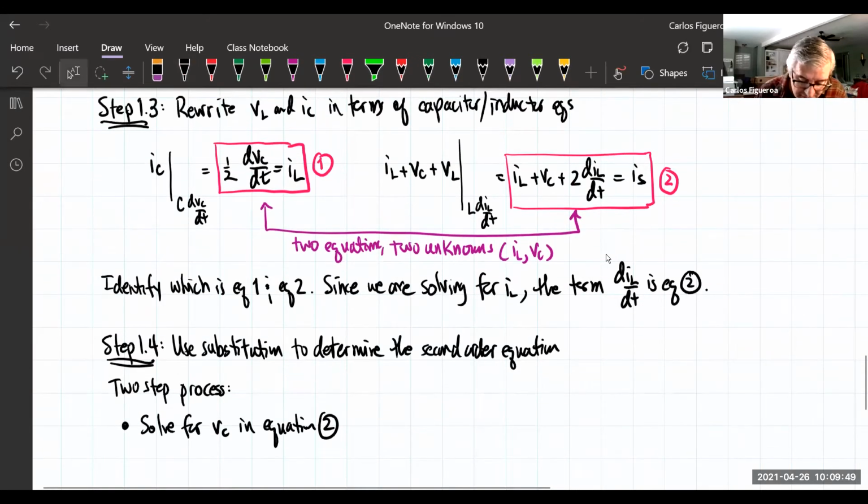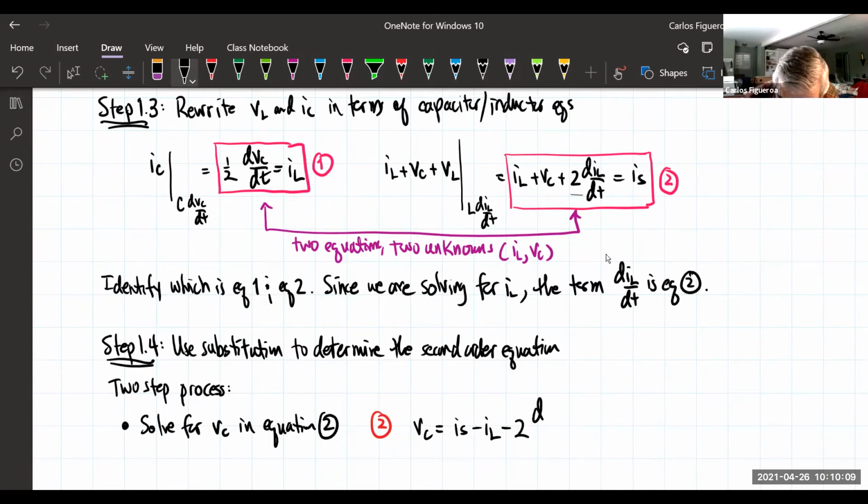So if you look at equation 2, it reads like this, right? I got to solve for VC. So look what I got to do. I got to take everything to the other side. So I'm going to get VC is then going to be equal to I source minus IL minus 2 di dt.